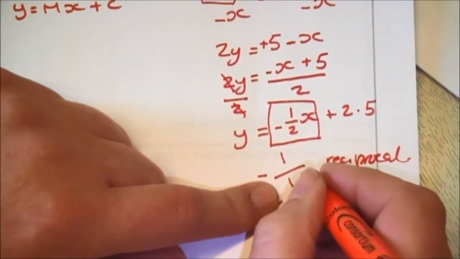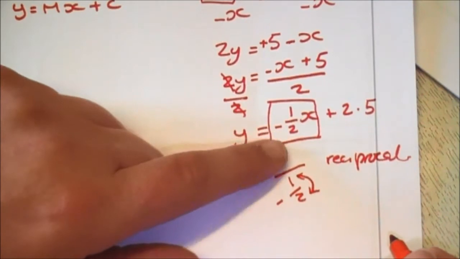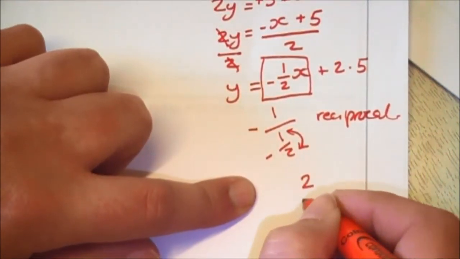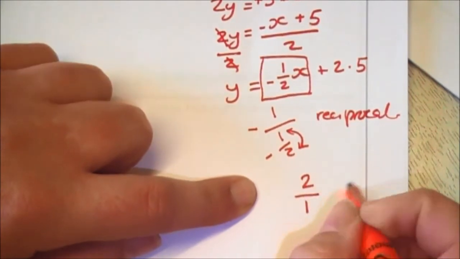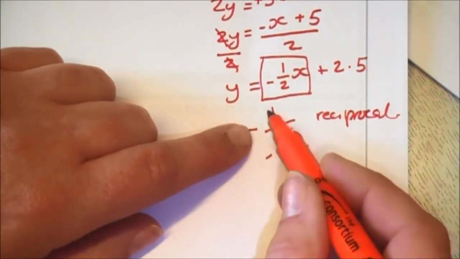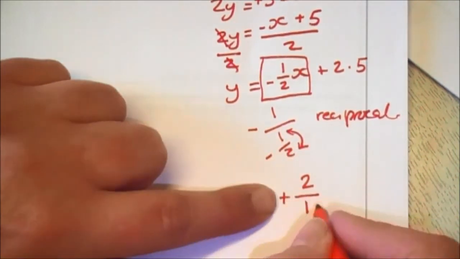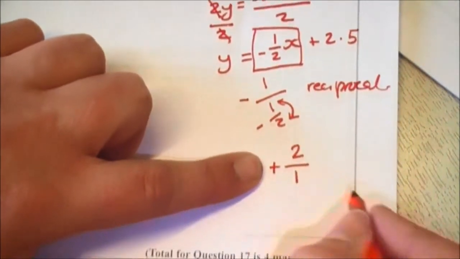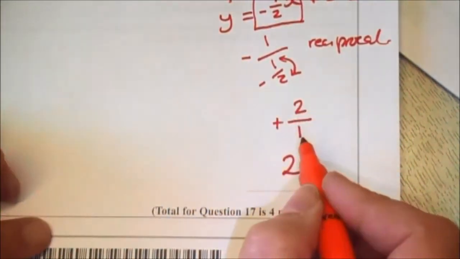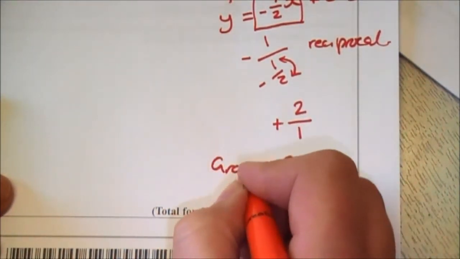So in order to find the reciprocal of a fraction, you can also just flip it. So 1 divided by a half is actually going to be the same thing as 2 over 1. And we've got a negative and a negative there. So because you're dividing, a negative 1 divided by negative a half means it becomes a positive. So it's a positive 2 over 1, which ends up as 2, because 2 divided by 1 is 2, and it's positive. So this is my new gradient.